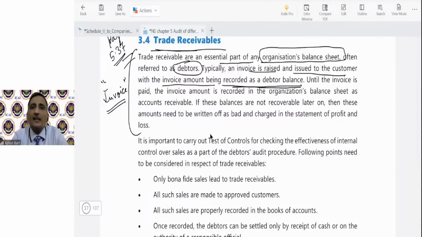If the question is of a general type, relating to entities which are not companies, then you are not required to write the requirements of Schedule 3 or the provisions of the Companies Act. Then you would write only general audit procedures.